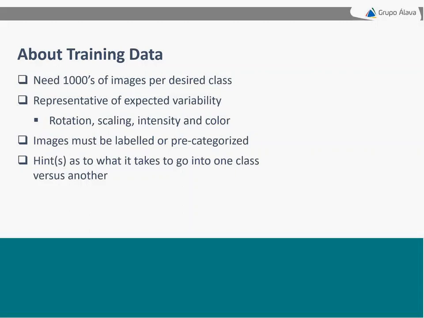Then, about supervised machine learning models, all the images must be labeled or pre-categorized. There are already companies dedicated only to labeling. And finally, it's super important to give information about the difference between every class.